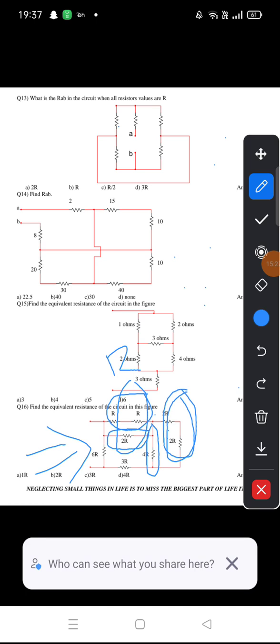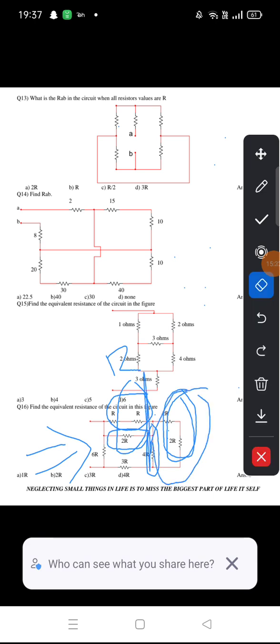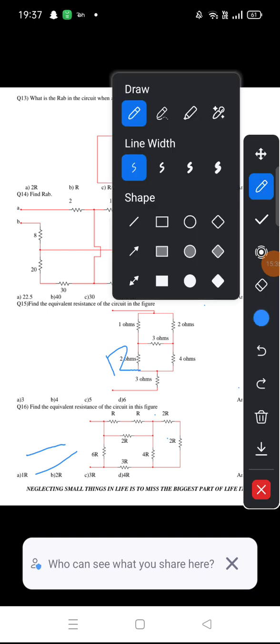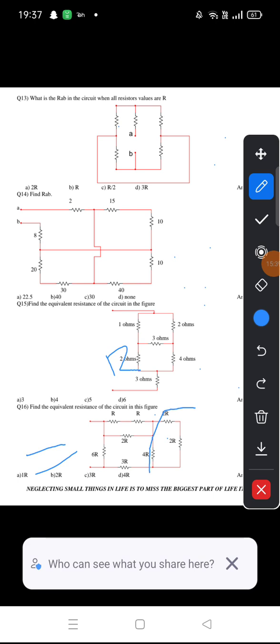Again, two equal values are connected in parallel, so the resultant value of these 3 resistors will be 2R, and of these 3 resistors will be R.